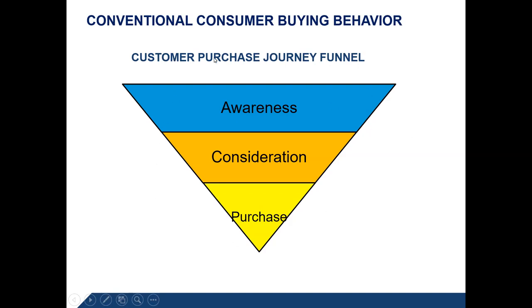So considering this purchase funnel that you have here on the slide, also couple it with the fact that in the digital medium, there is so much competition that there is also this clutter of brands and products which are trying to compete for consumers' attention. So that is an additional layer that complicates the whole buying process in the digital channels.